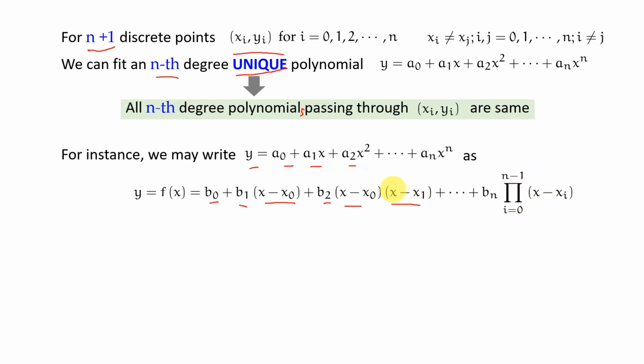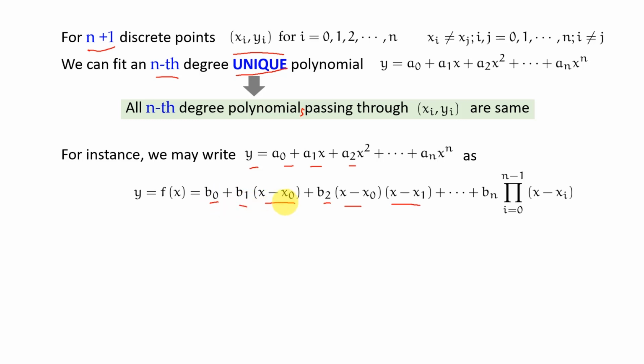Now you can see that in this particular expression, this is also a polynomial. If I multiply each of these, I'll get a polynomial of similar nature to y equals a0 plus a1x, etc. You can see that the minimum power of x is x to the power 0, as in a0. Here also, in b0 we have x to the power 0.